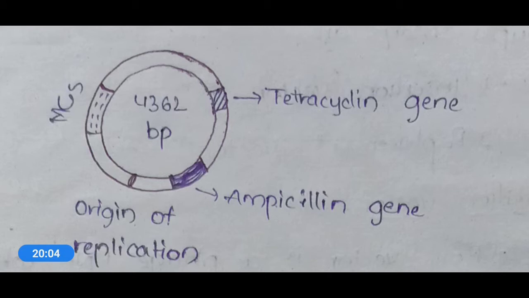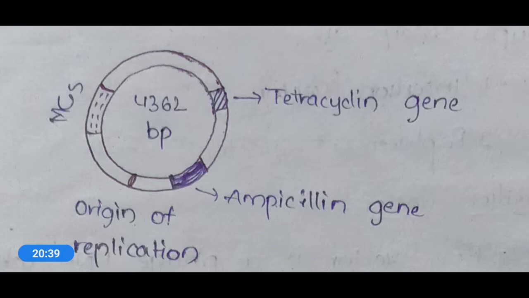This pUC group of plasmids were developed by the University of California, so those were named after it as pUC, plasmid of University of California. So this pBR322 is a base plasmid for in vitro construction of pUC8, pUC9, pUC10 and for a few types of cosmids also.